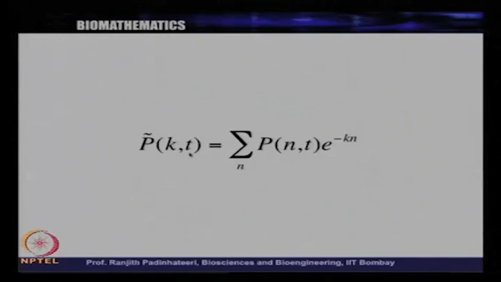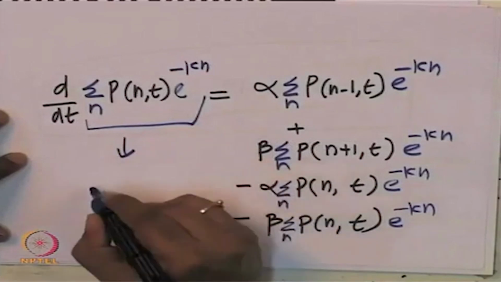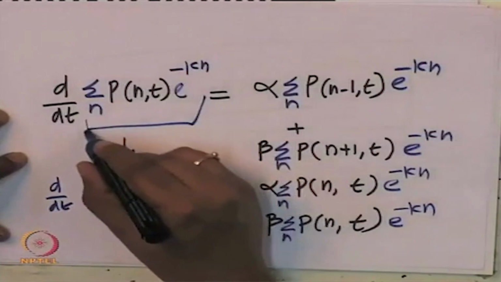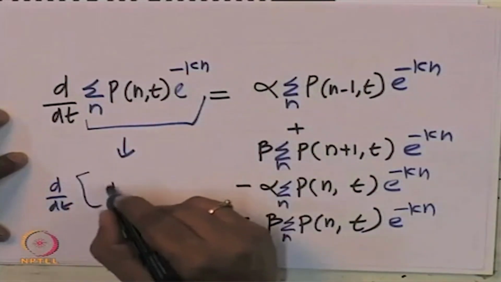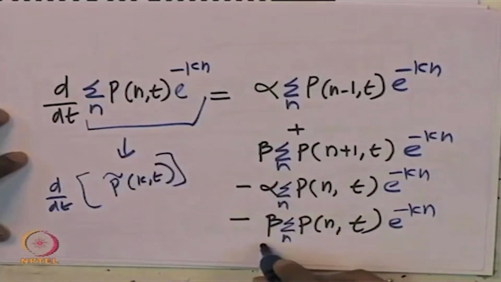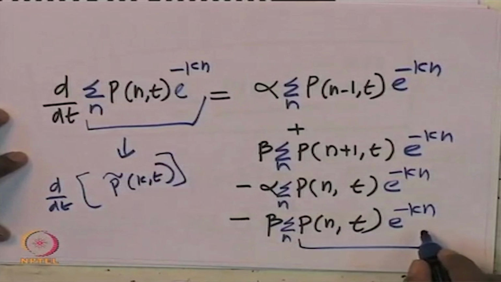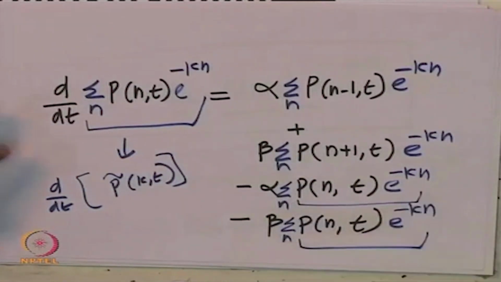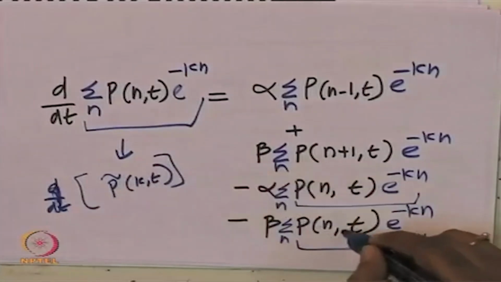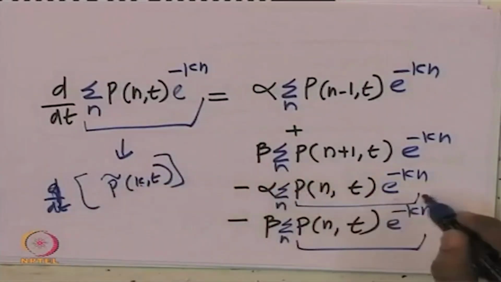So, I can write d by dt of this part alone, which becomes p tilde of k comma t. This also becomes p tilde of k comma t, and this also becomes p tilde of k comma t. So, these three terms are each p tilde of k comma t.